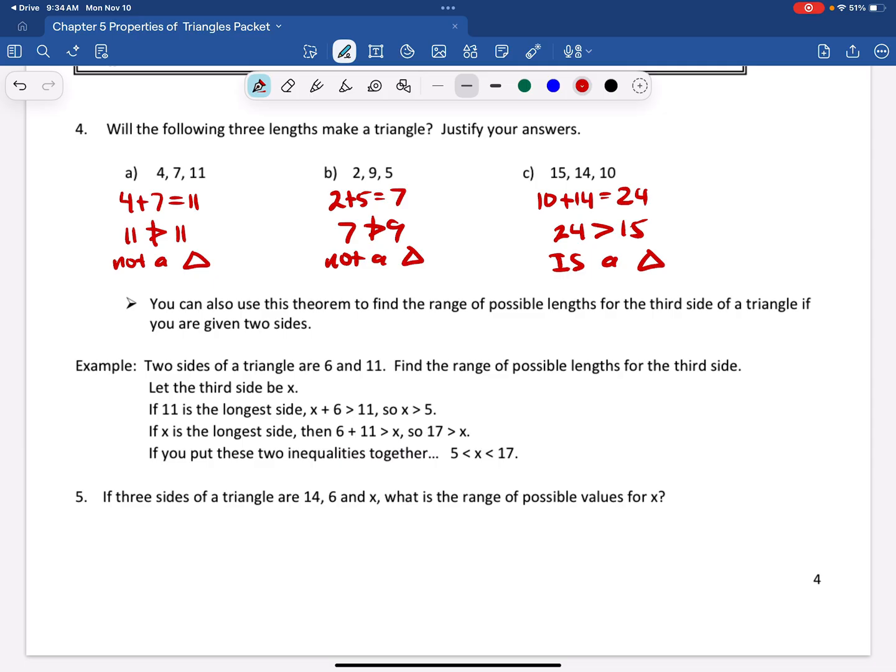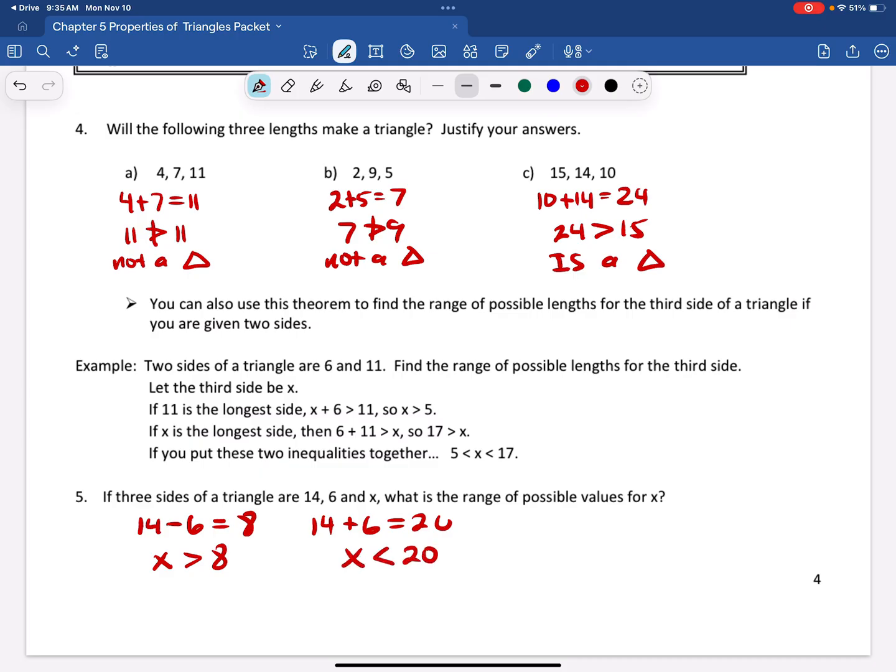If I take 14 and subtract 6, that's 8. So I know that x has to be greater than 8. And if I take 14 and add 6, I get 20. So I know that x has to be less than 20.